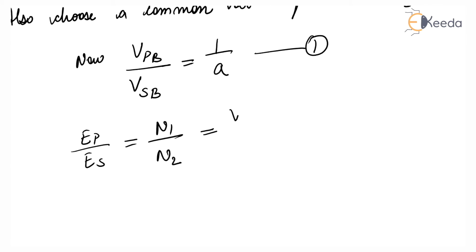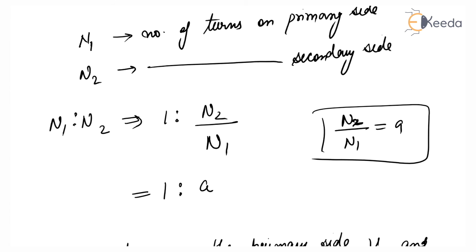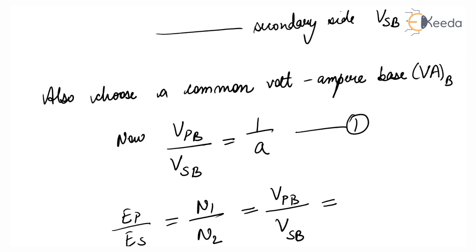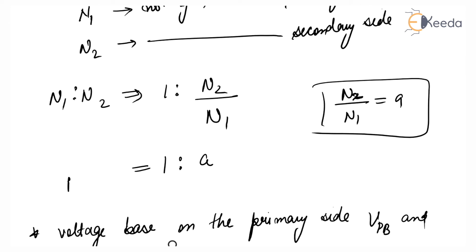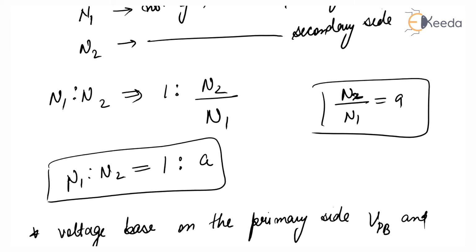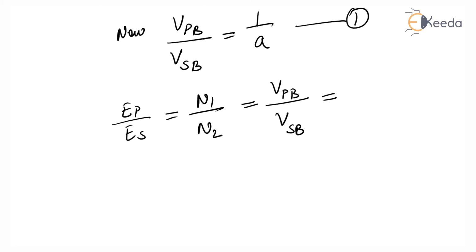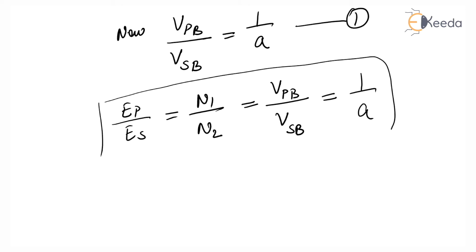Or we can write it as VPB upon VSB, and we know N1 by N2 ratio is equal to 1:A. That's why VPB upon VSB is equal to 1/A.